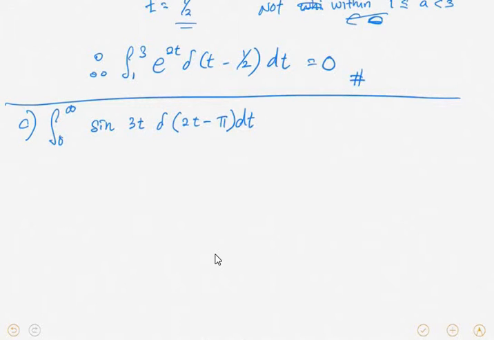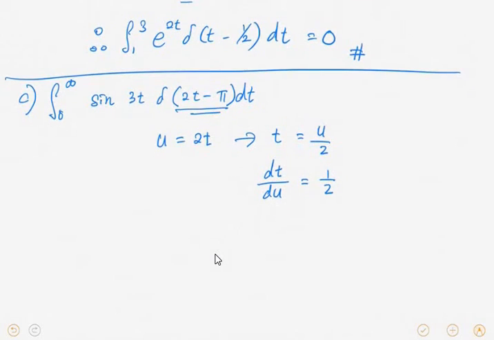Okay, we can use substitution for this part. We can set delta 2t. So we assume that u equals 2t, and then t is equal to u over 2, and when we differentiate t, dt over du, we obtain half.